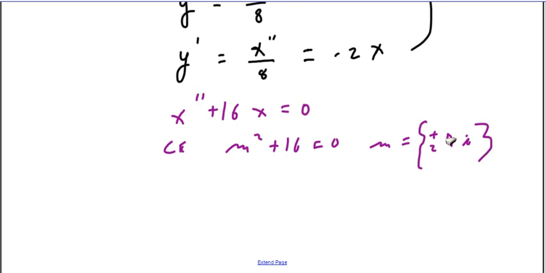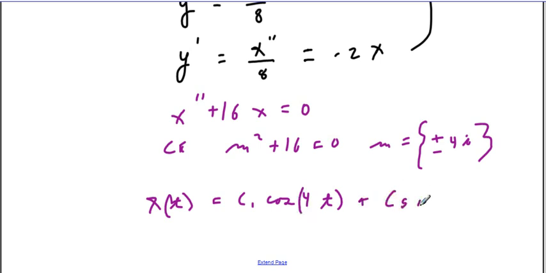Plus or minus 4i. Okay, so x of t is going to be c1 cosine 4t plus c2 sine 4t.